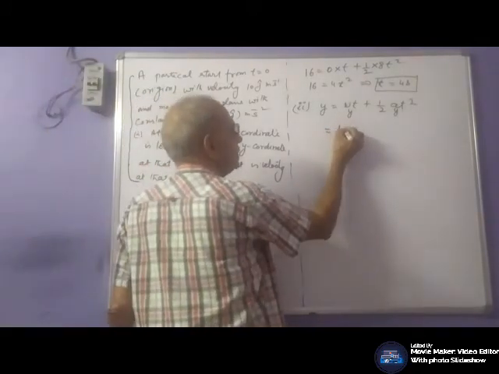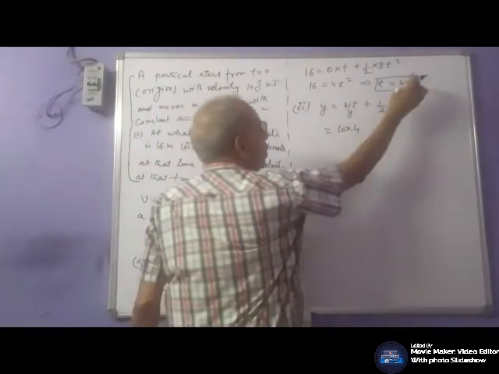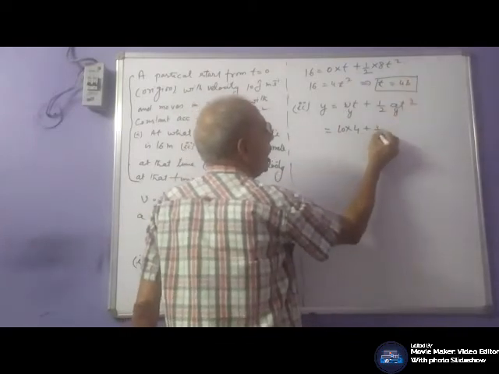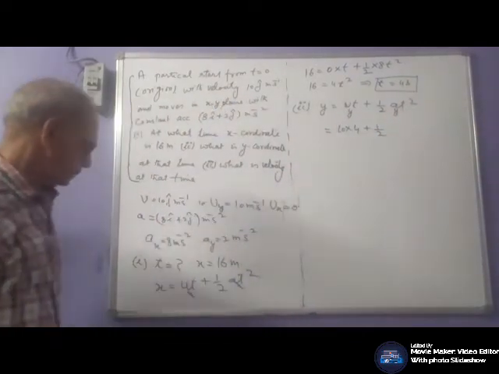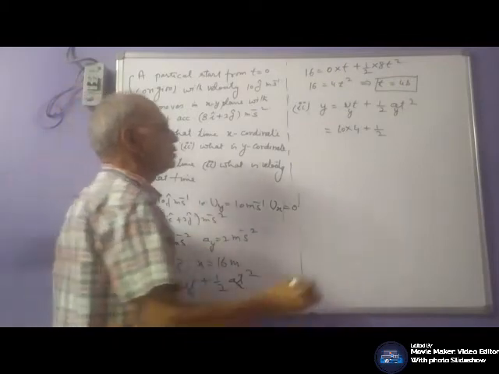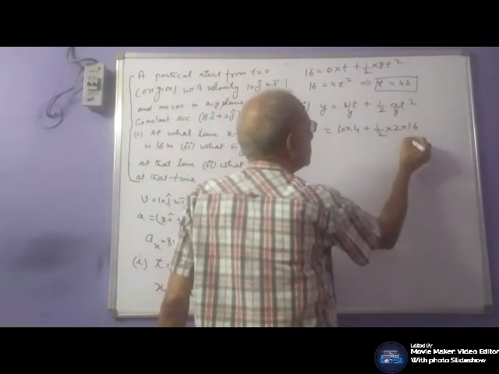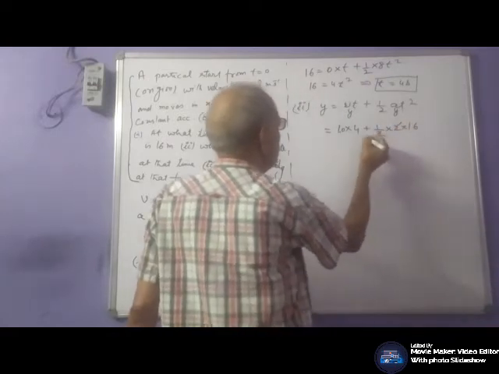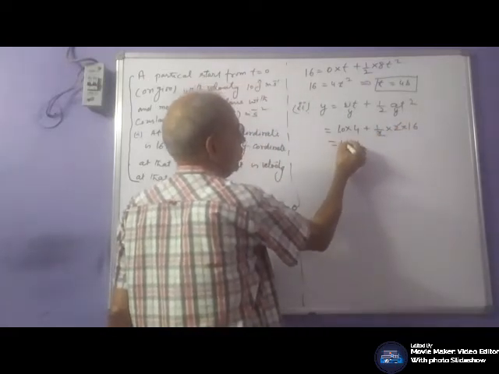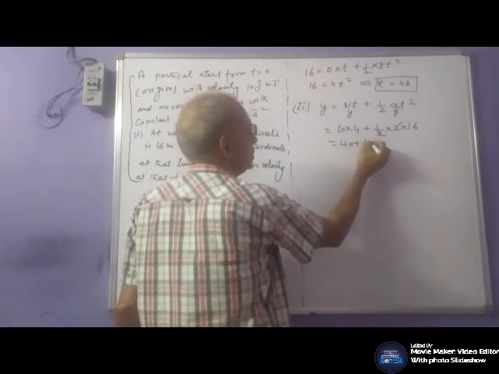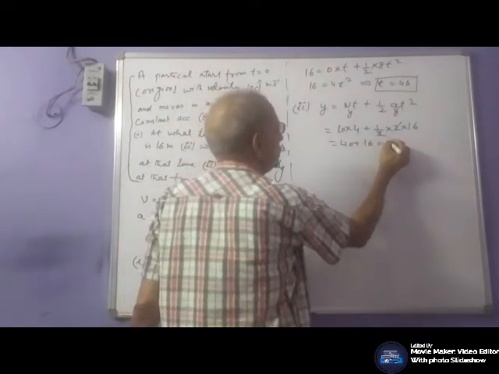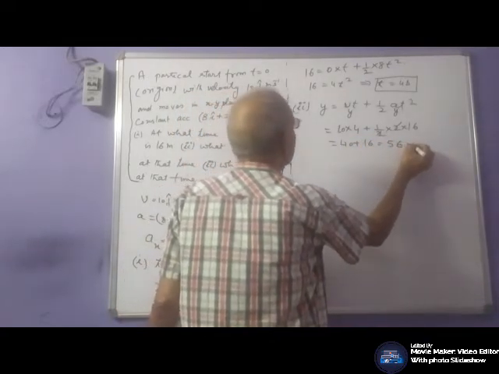It is 10 into t, 4, plus half ay, ay is 2, t square 16. This 2 goes with this 2, so 40 plus 16, it is 56 meter.